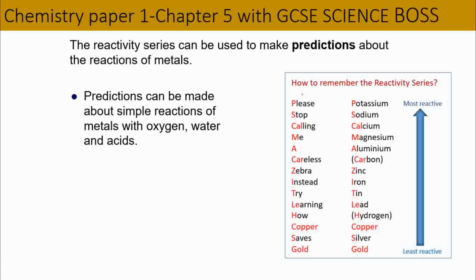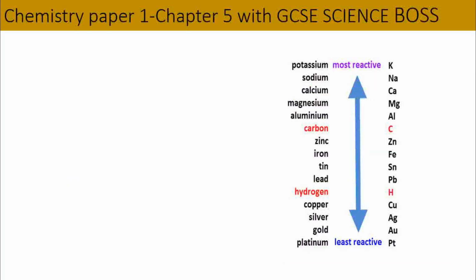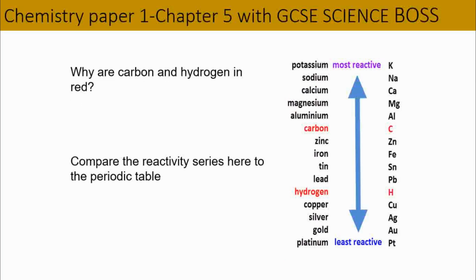So what do we use this for? We use it for predictions that can be made about simple reactions with metals, oxygen, water, and acids. Predictions can also be made from the reactivity series about more complex reactions. If you notice in the reactivity series, you're seeing carbon here in red, and hydrogen there in red.